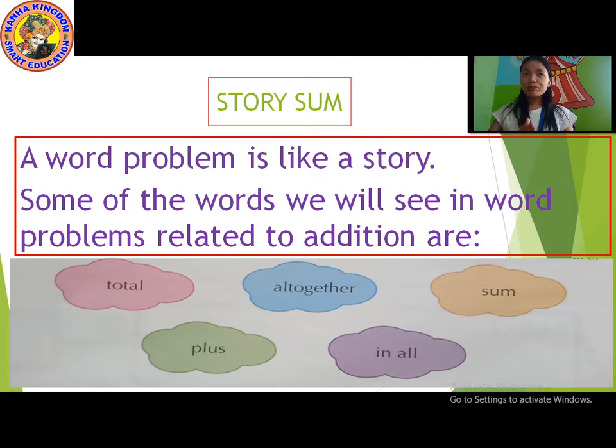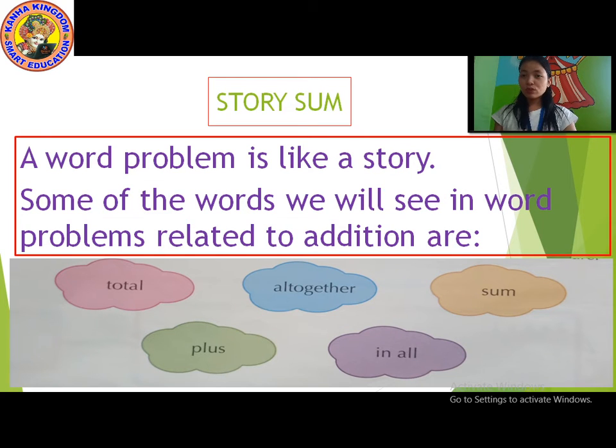So in this way you have to find the solution. Okay, a story sum is like a story. First you have to read it and understand what it wants from you to find out.